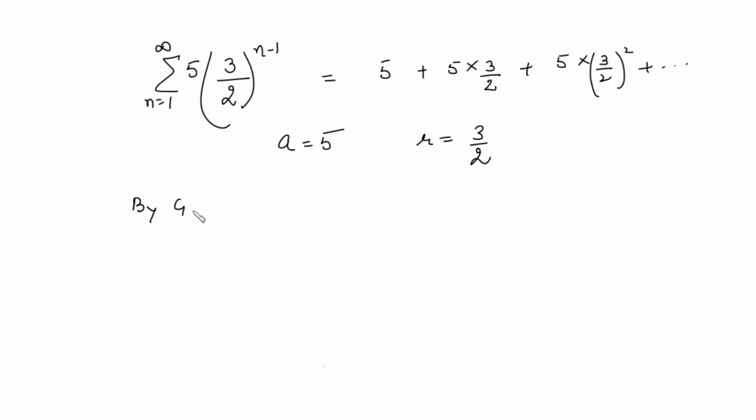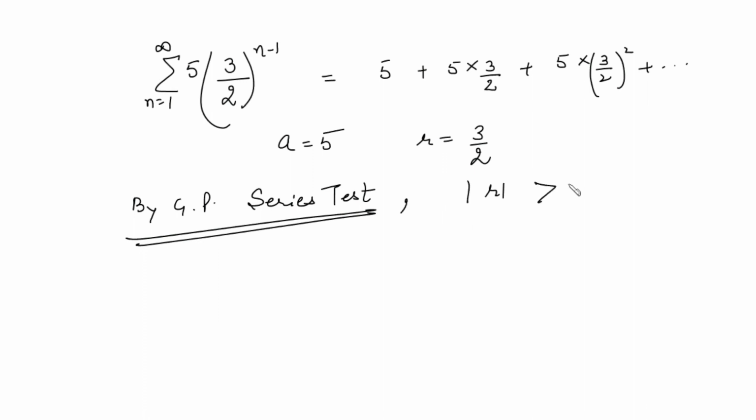Again by the GP series test, since the common ratio, which is 3 by 2, is strictly greater than 1 in this case, the given series is not convergent.